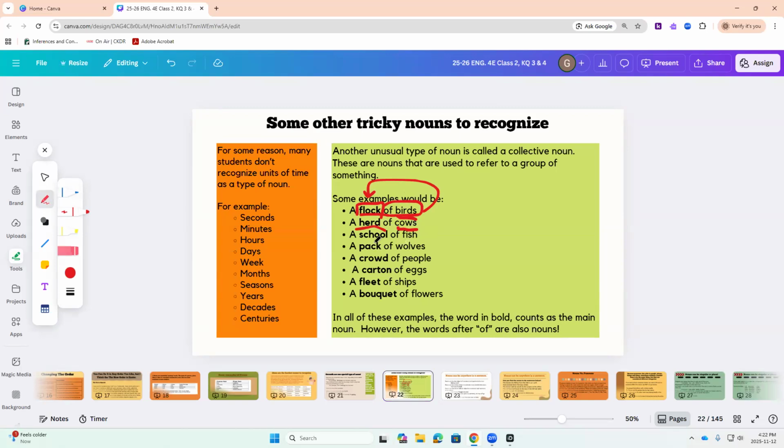Herd and cows are both nouns. A school of fish. School and fish are both nouns. A pack of wolves. Pack and wolves are both nouns. Crowd of people. Crowd and people are both nouns. Carton of eggs. Carton and eggs are both nouns. A fleet of ships. Fleet and ships are both nouns. And bouquet of flowers. Okay.